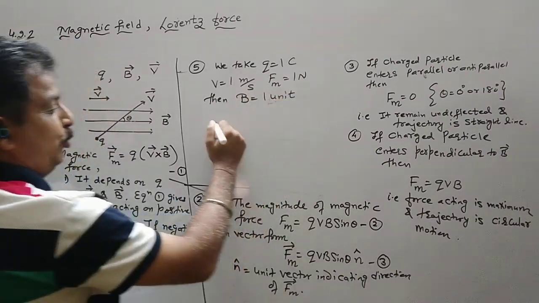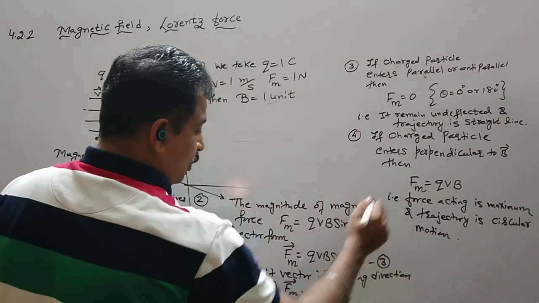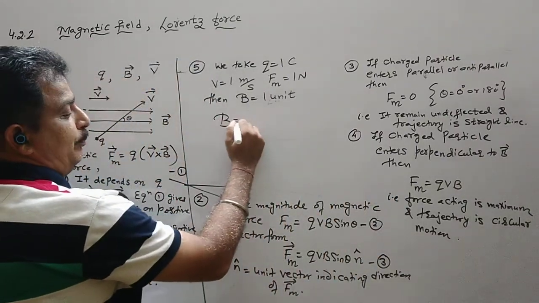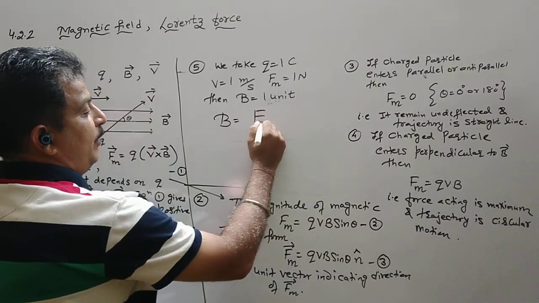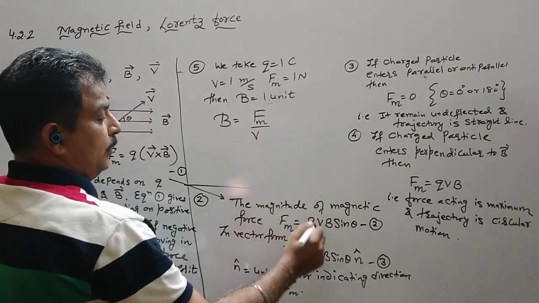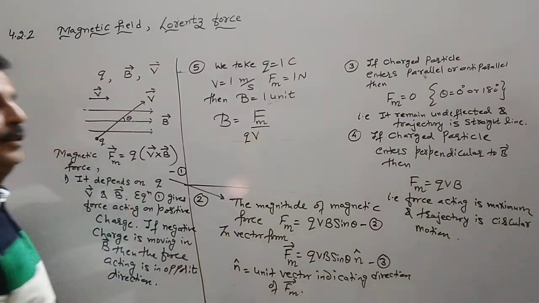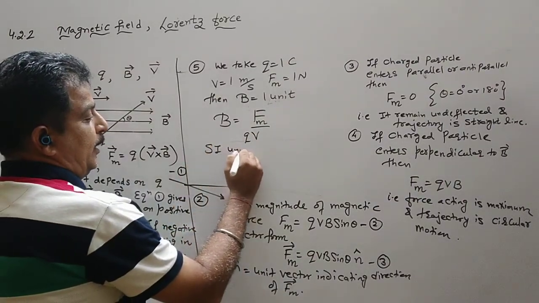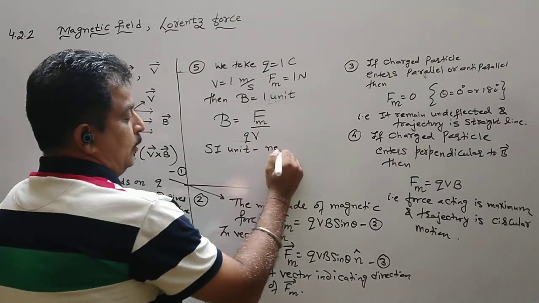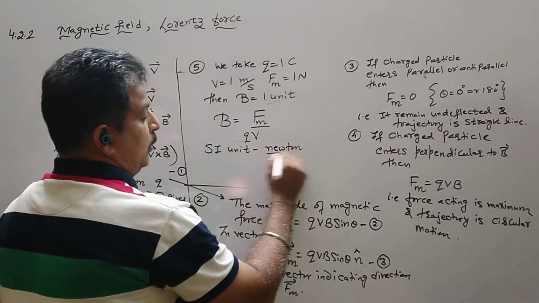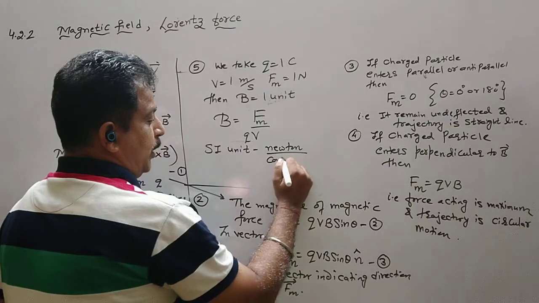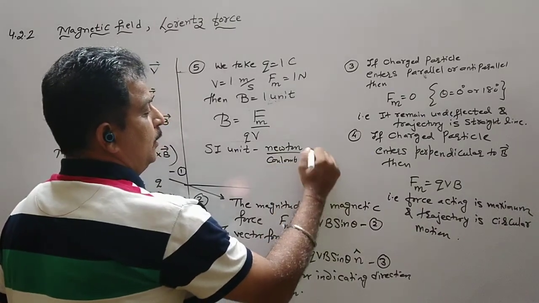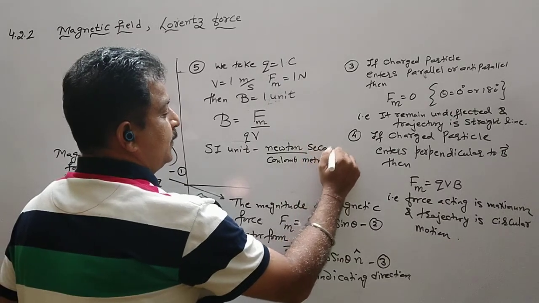Now what is this B unit? From equation 3, theta is dimensionless. So I can write B is equal to Fm upon QV. So the SI unit is Newton per coulomb into velocity, that is meter per second.